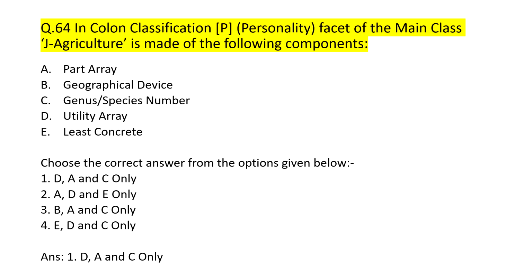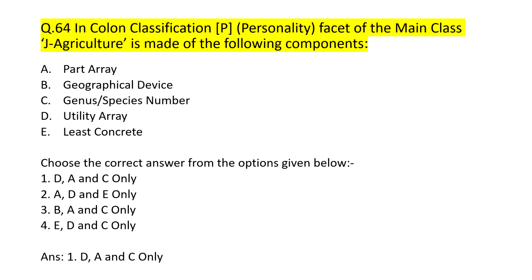Question number 64 is, in colon classification, personality facet of the main class J, that is agriculture, is made of the following components. The options are part array, geographical device, genus/species number, utility array, and least concrete.